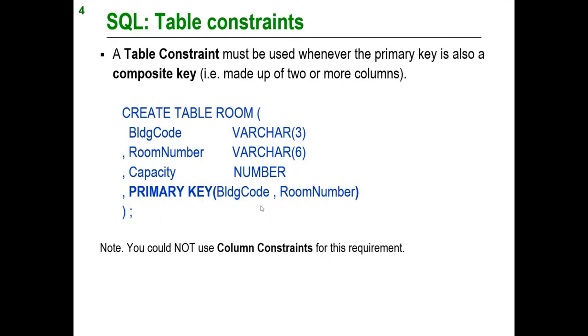In this example, you can see the primary key applies to 2 columns, right? It is composed of 2 columns, the building code and the room number. So in this case, we must stick with the table constraint way of defining the primary key, because if you put the constraints in the columns, that's totally wrong, isn't it?